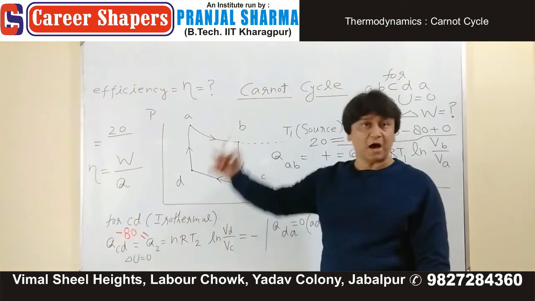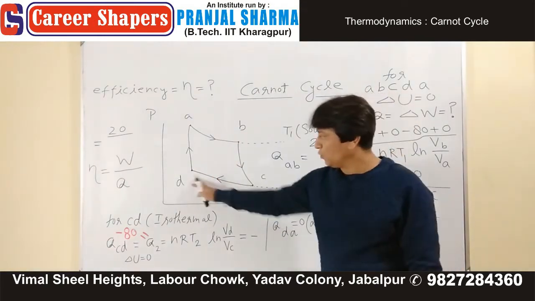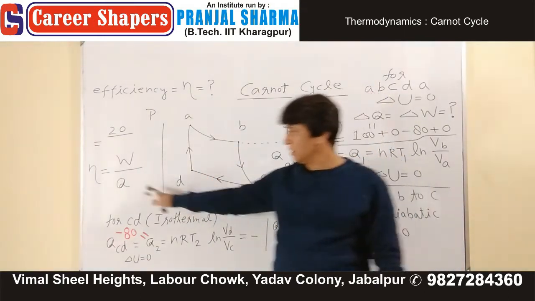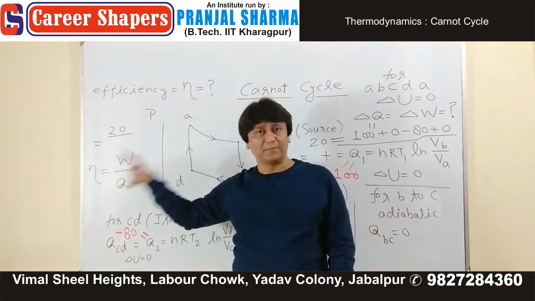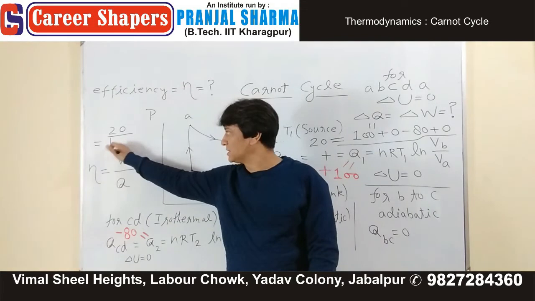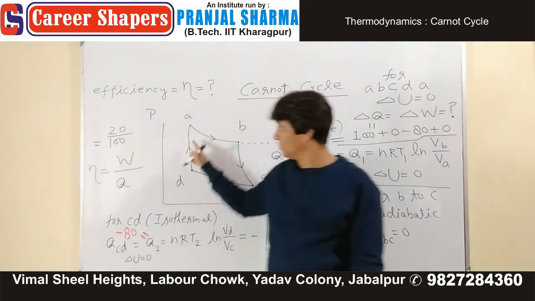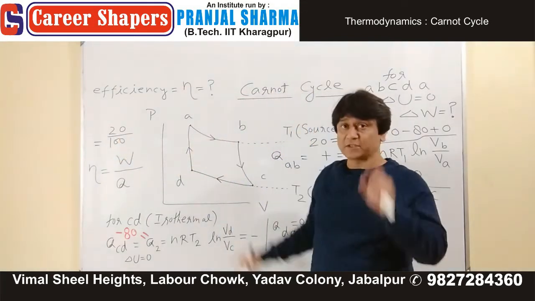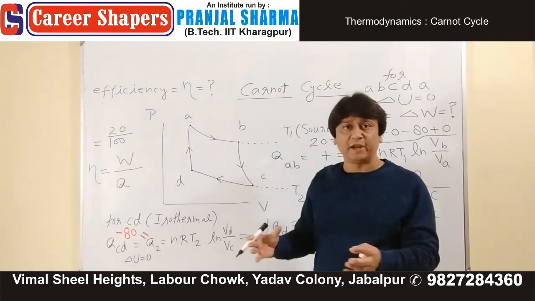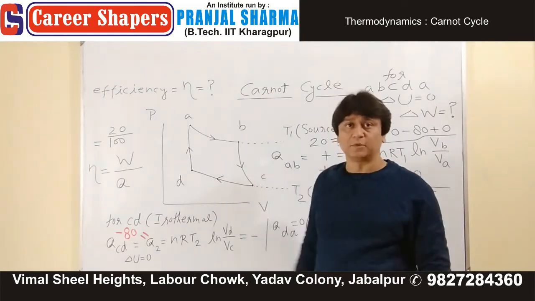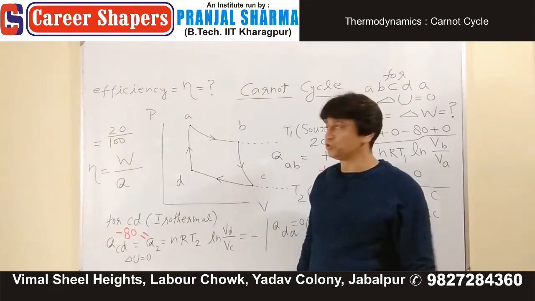System से heat बाहर आ रही है. We will not use this part over here. Total energy supplied is how much? 100. This part. When I say total, this should be all the positive heat given to the system. Why? समझेंगे उस चीज को भी.